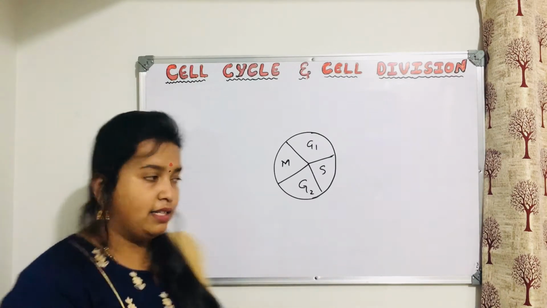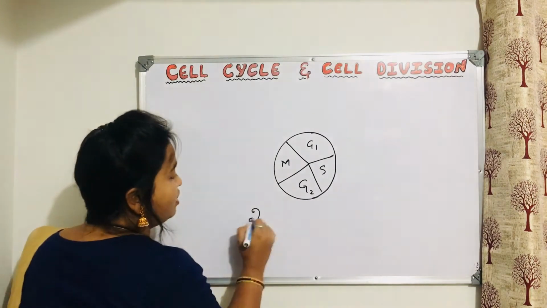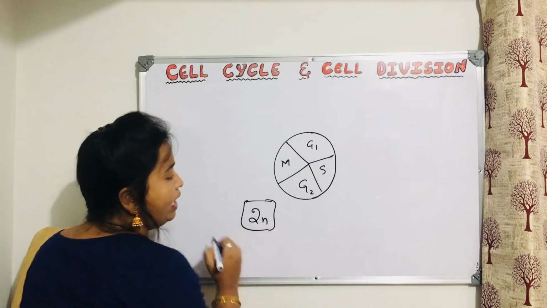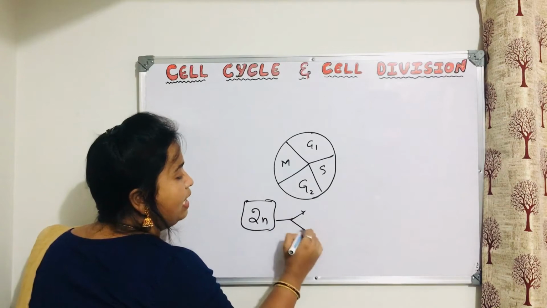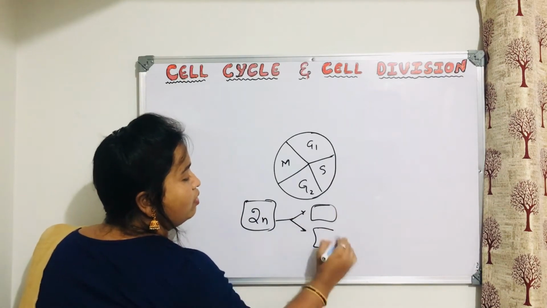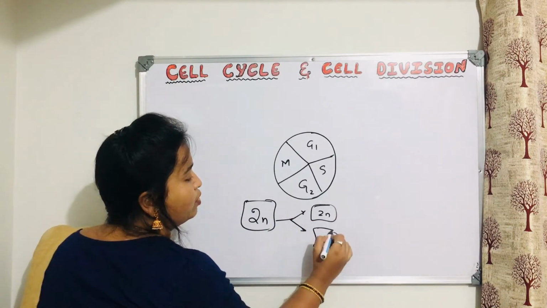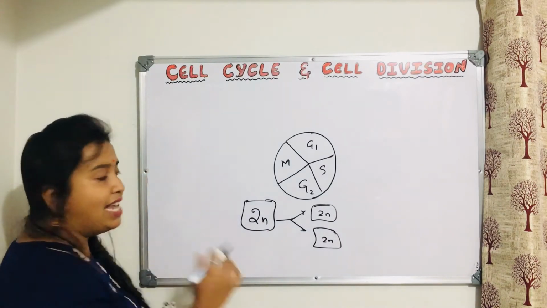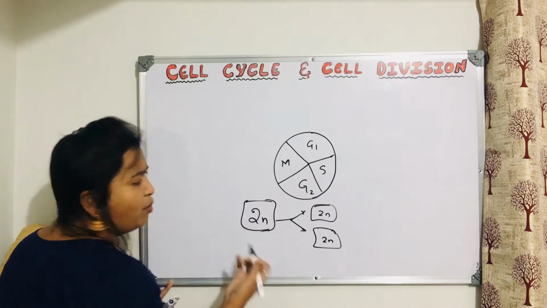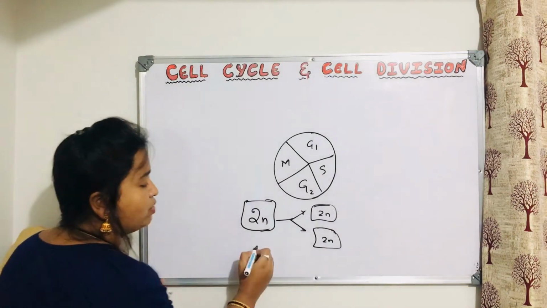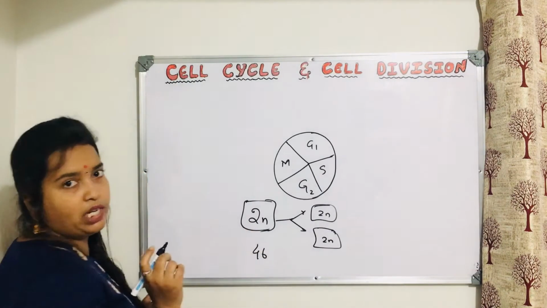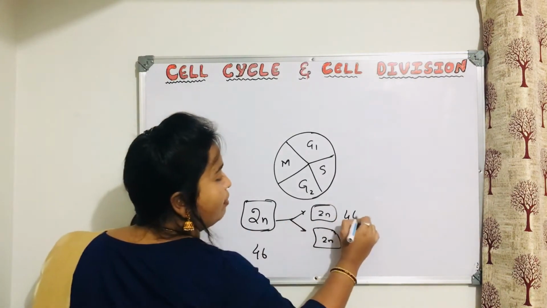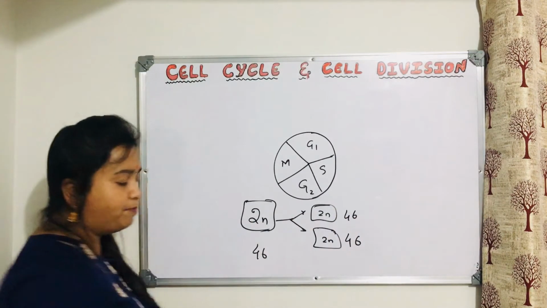Usually you know that if the cell is diploid, it will divide into two cells which will also have the diploid number of chromosomes. If you take human beings, the diploid number is 46, and then here also it will be 46 and 46.